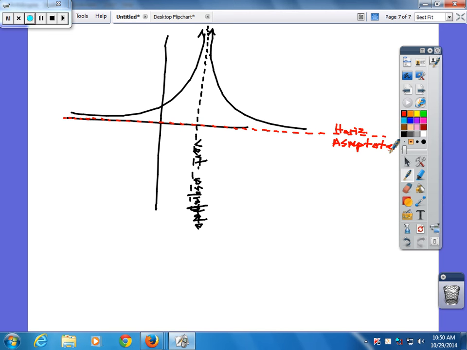Now how do you find the vertical asymptote? Well, the vertical asymptote is found by setting the denominator equal to what? 0. Setting the denominator equal to 0. Is it A-S-Y-M-P-T-O-T-E?